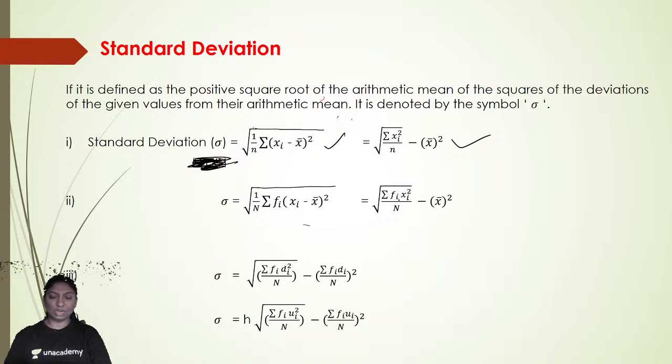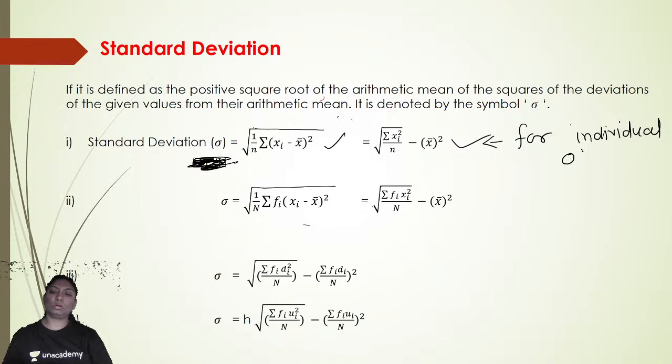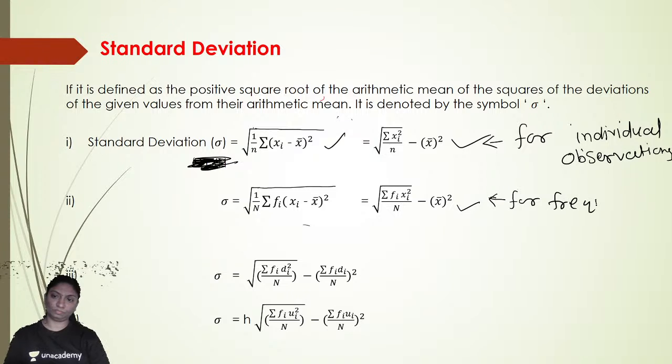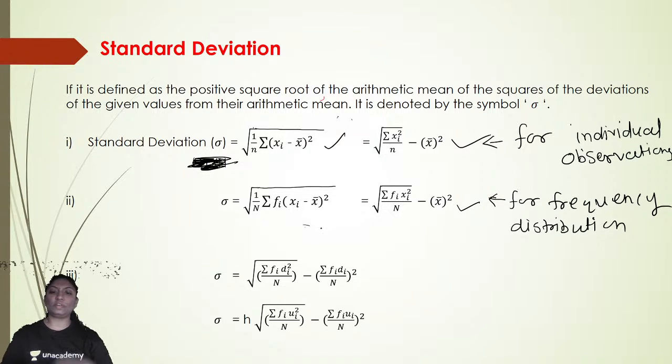See, both are similar. यहाँ पे फिर से अगर आपको फ्रीक्वेंसी दी हुई है, फॉर फ्रीक्वेंसी डिस्ट्रीब्यूशन, this is for individual observations. और ये है, this is for frequency distribution.